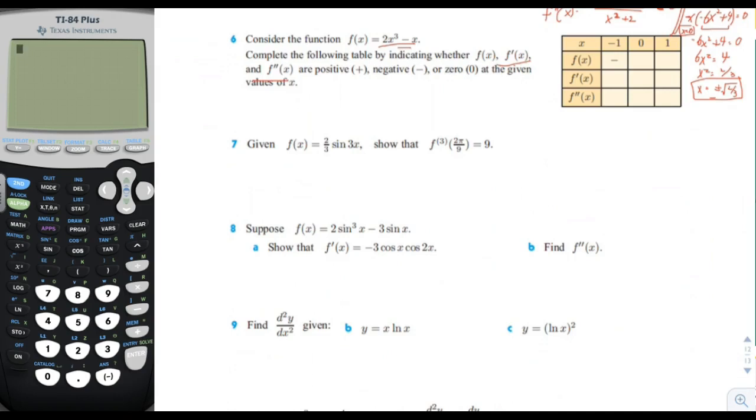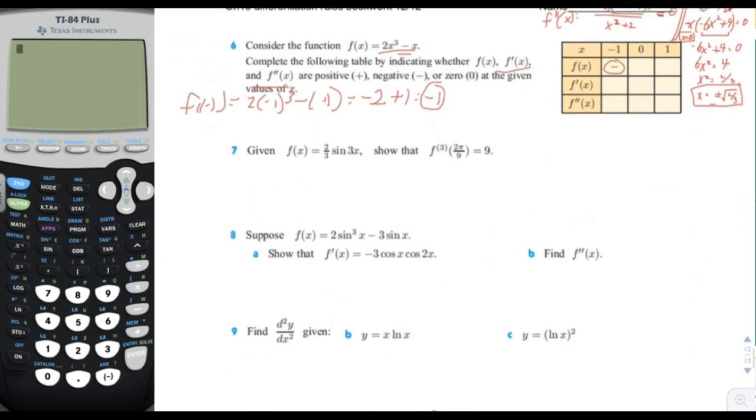They said that at x equals negative 1, f of negative 1 would be 2 times negative 1 cubed minus negative 1, which would be equal to negative 2 plus 1 equals negative 1. That would be negative. Okay, so f of negative 1 would be negative.